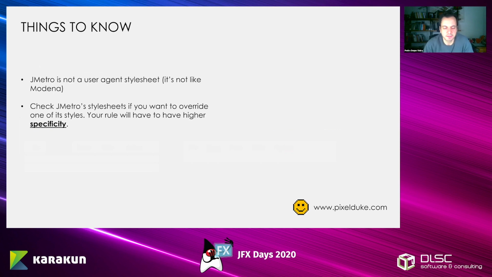What this means is that since it's a regular style sheet, it will compete with the style sheets that you are using in your application. So ideally, you should Google CSS specificity, because if you want to override a JMetro rule, the specificity of your rule should be either equal or higher than the JMetro rule.